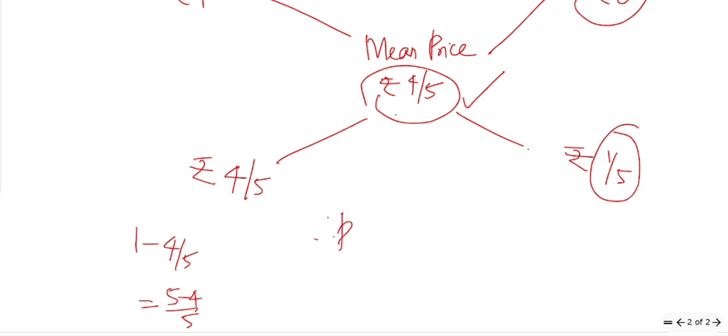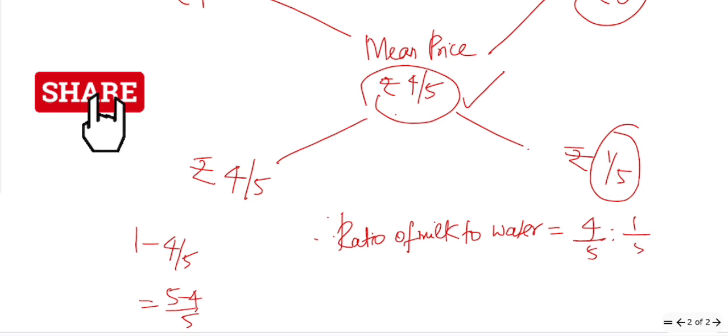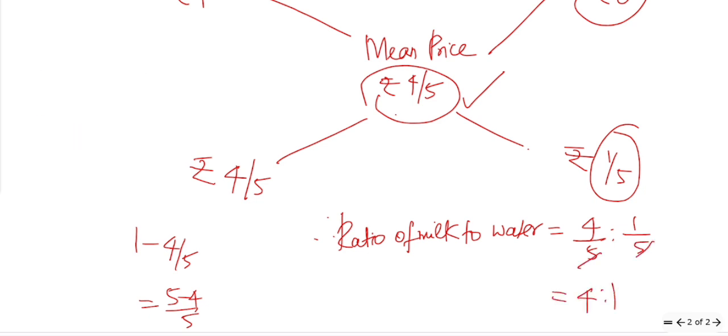So now we are going to find the ratio. The ratio of milk to water is nothing but 4 over 5 to 1 over 5. The denominator gets cancelled. Finally, it's 4 is to 1.